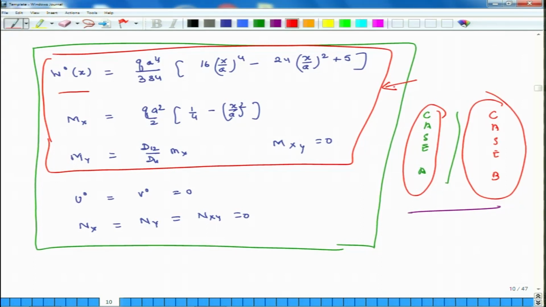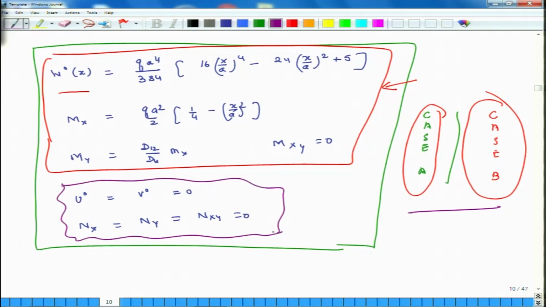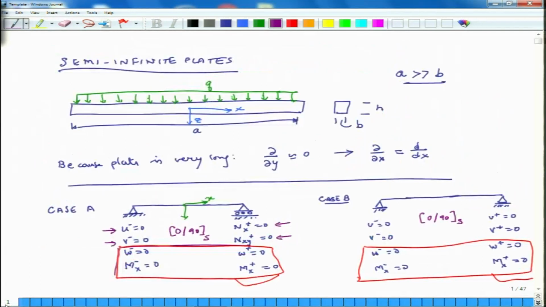The other thing is that we also see that the in plane solution is also the same. So this is the in plane solution. Now, the in plane solution is the same because effectively in the in plane I am not putting any external forces. If I am not putting any external forces, then everything will be 0.